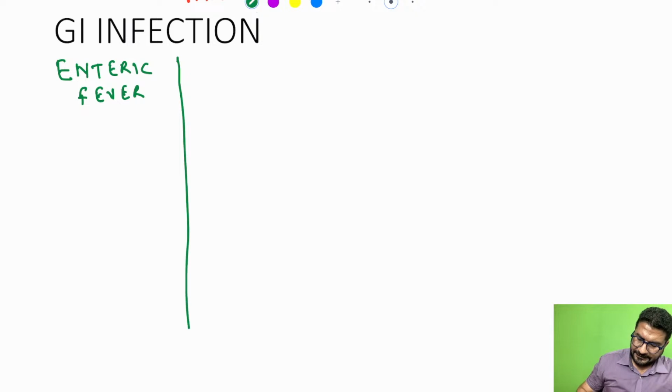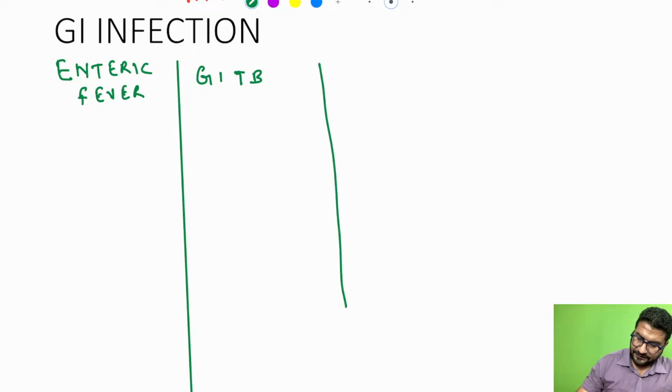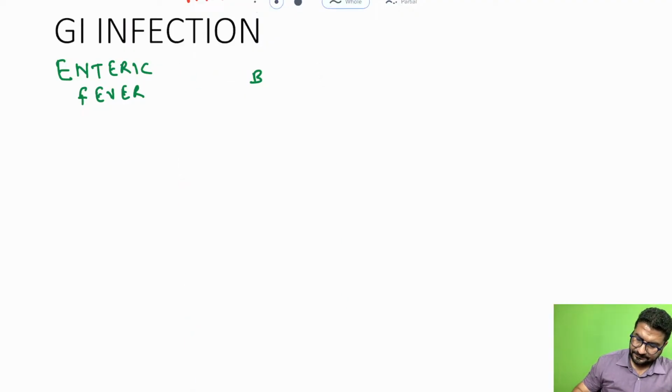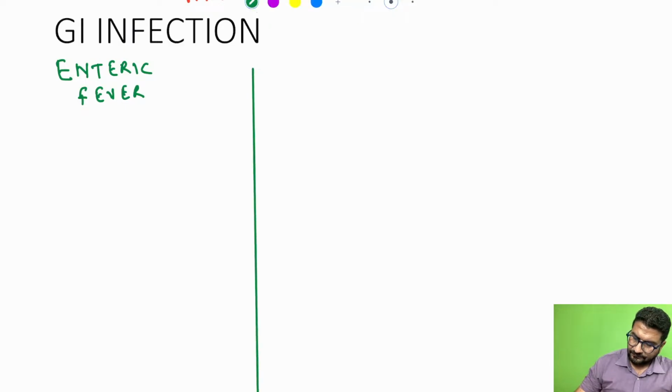Moving on to the second infection which they ask in exam is GITB. And the third infection, which is again a very important one, is amoebiasis.